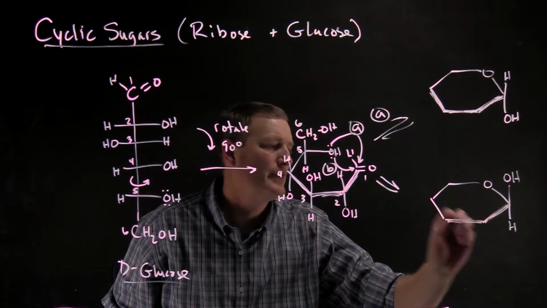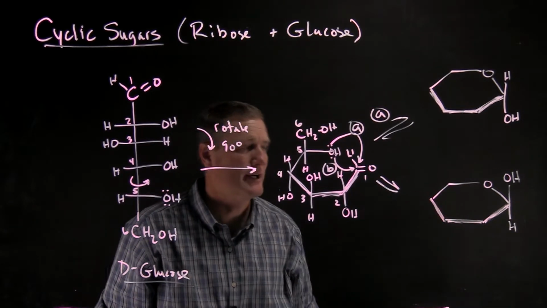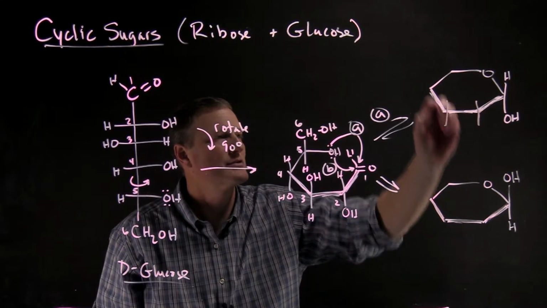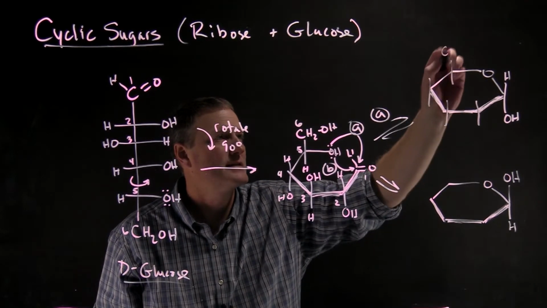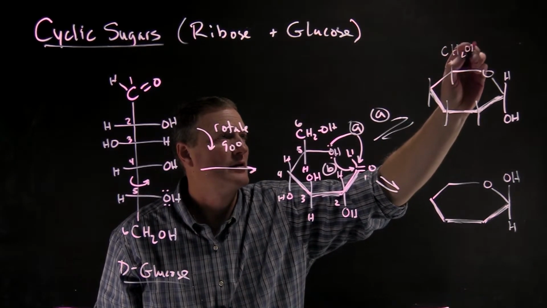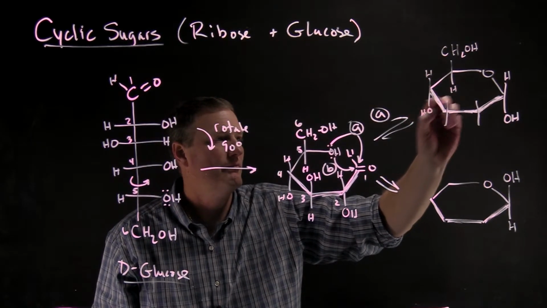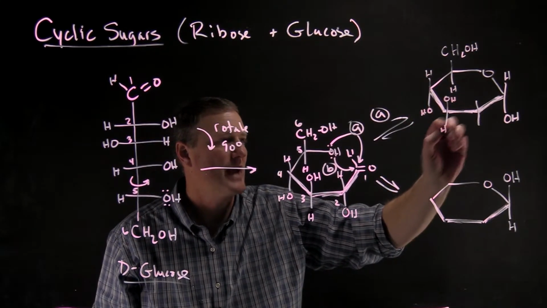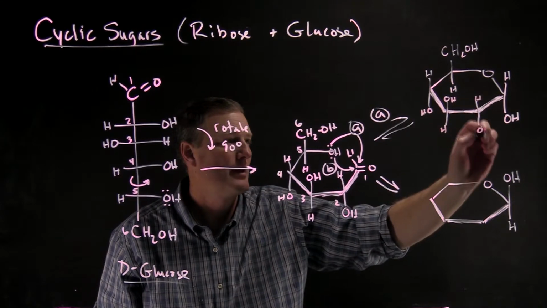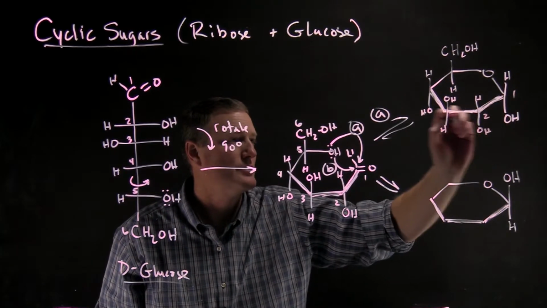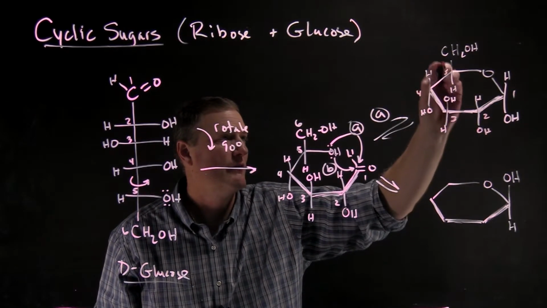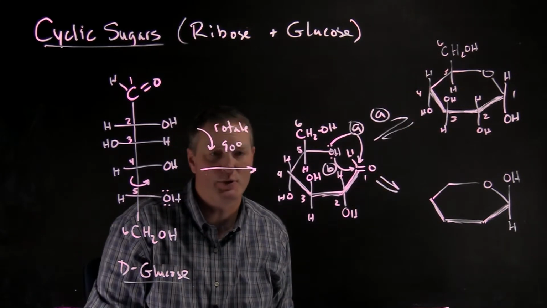Now let's go ahead and we'll fill in the rest of our structure here. So going back up to this one, we just have to put our little vertical lines. The rest of the molecule is exactly the same as I drew it before. This is carbon 1, 2, 3, 4, 5, and then we have our exocyclic CH2OH.